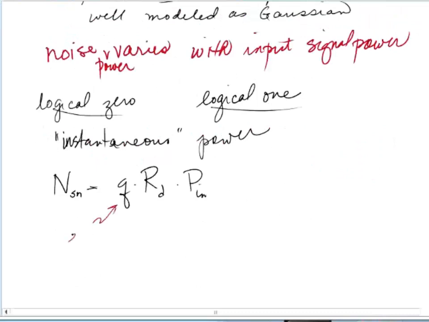So this is the electron charge, responsivity, which is given by the efficiency of the PIN times the electron charge divided by Boltzmann's constant and the frequency. And this is the signal power.